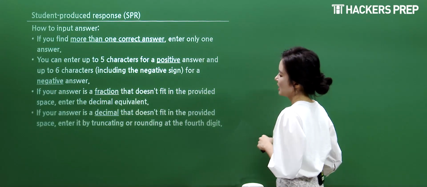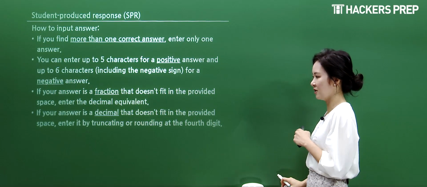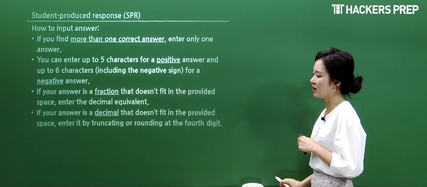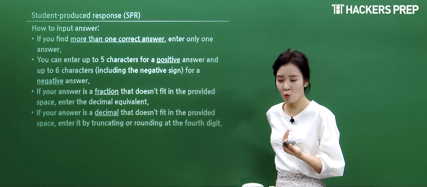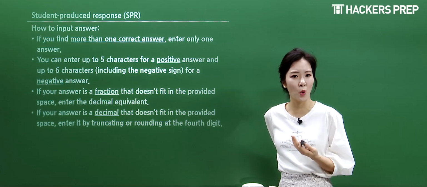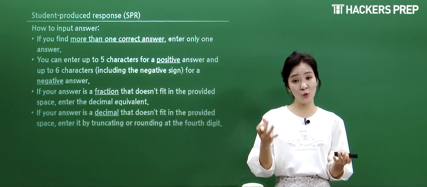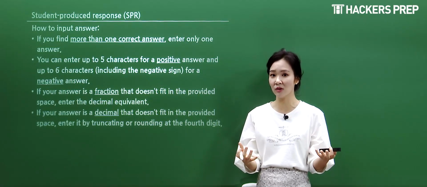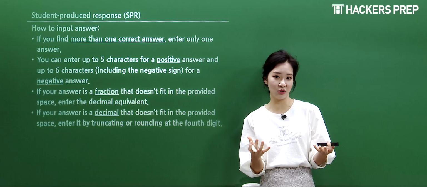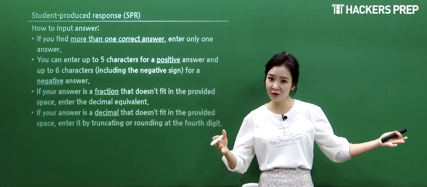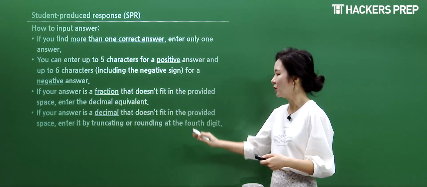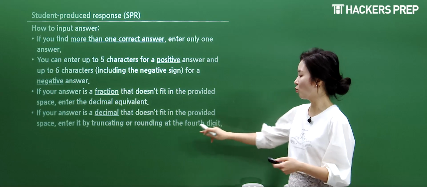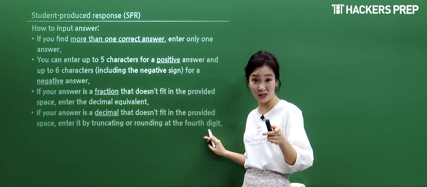Next, if your answer is a decimal that doesn't fit in the provided space, enter it by truncating or rounding at the 4th digit. Now let's think about what kind of decimals won't fit in the space provided. We have rational and irrational numbers. In the case of irrational numbers, which have infinite or potentially really long sets of digits following the decimal, we want to truncate or round at the 4th digit, including the leading 0.